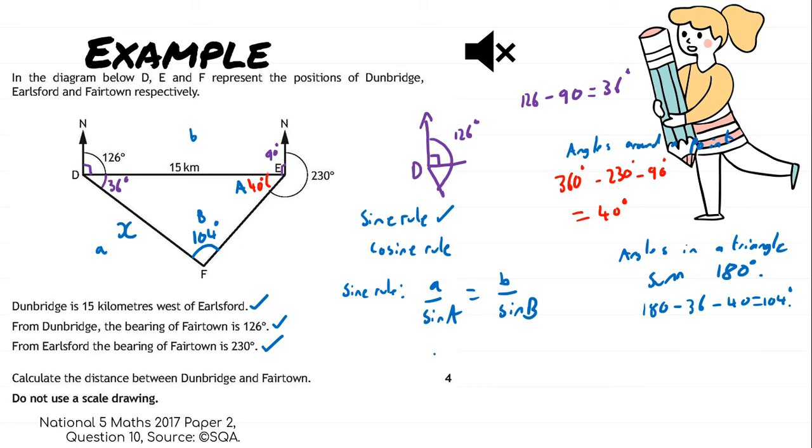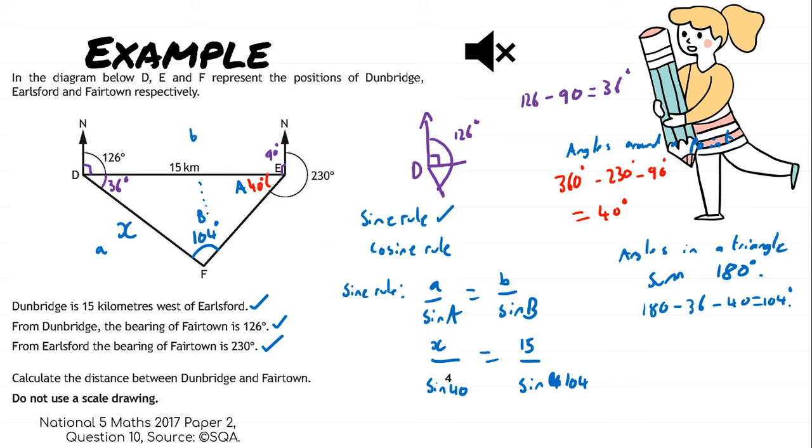And now I substitute. a becomes x, sine A becomes sine 40, b becomes 15, sine B becomes sine 104. Again, I've not used this 36, because the way the sine rule works, it's about the angles opposite the sides.